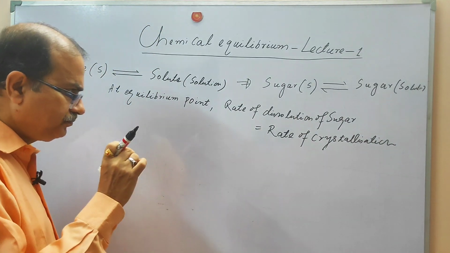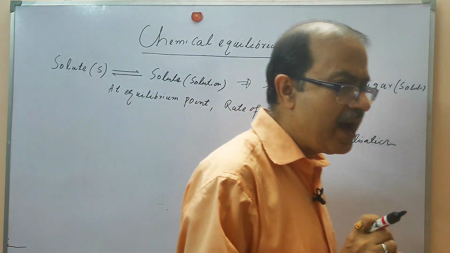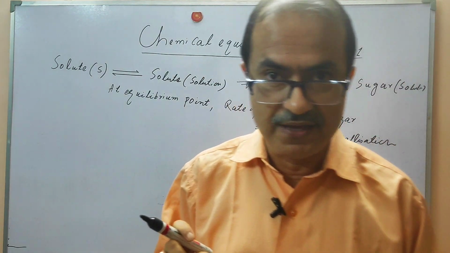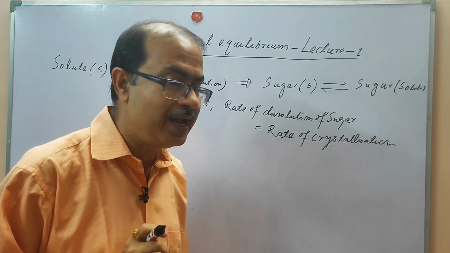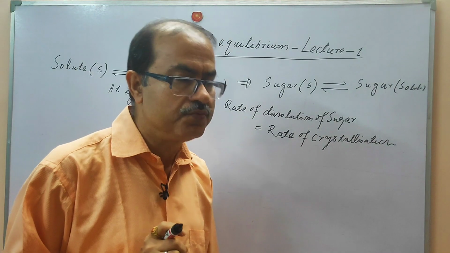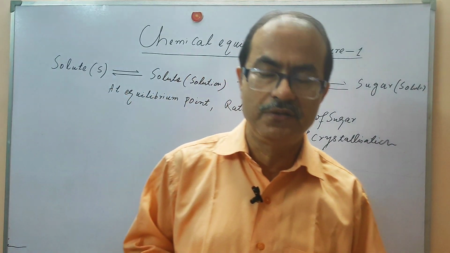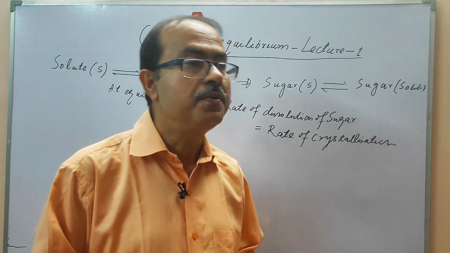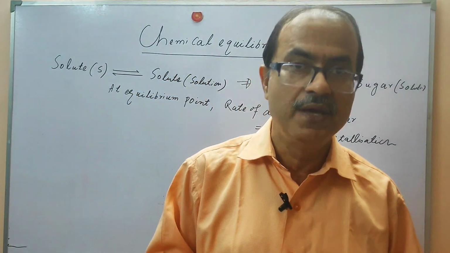And this equilibrium point has a dynamic nature. It looks as if the reaction has stopped, the process has stopped, but it's not like that. At that time the process of dissolution of sugar and the process of crystallization of sugar are still there, and this can be proved by taking radioactive sugar.